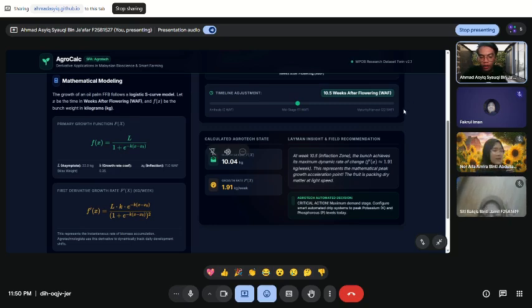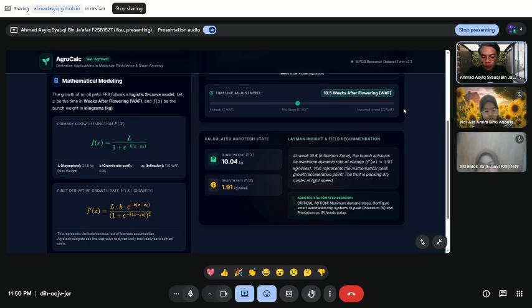So F(x) equals L divided by 1 plus e to the power of negative k times (x minus x0), where L equals 22 kilograms is the maximum asymptotic bunch weight, k equals 0.35 is the growth rate coefficient, and x0 equals 11 WAF is the inflection point where the growth acceleration peaks.